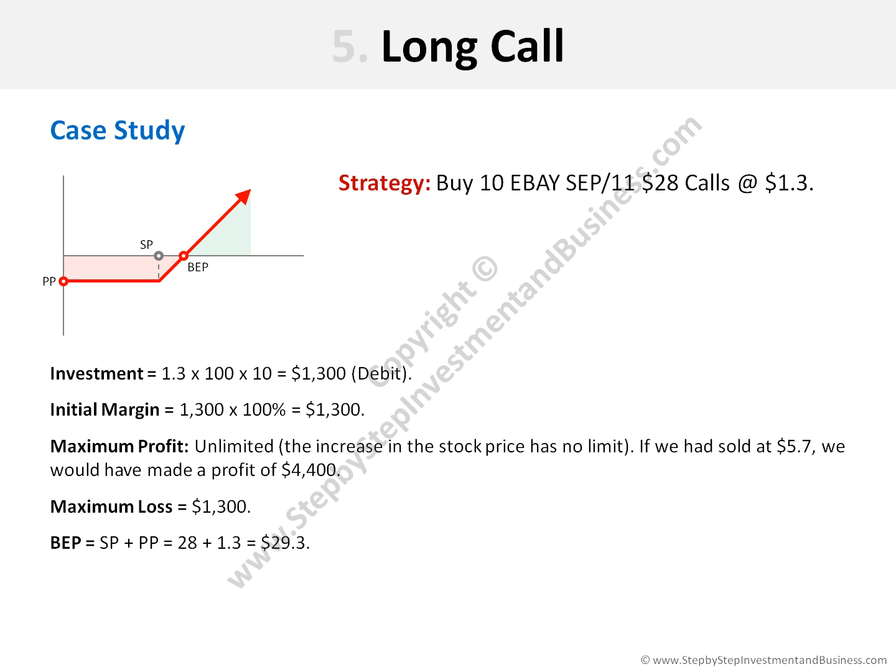On the other hand, the maximum loss that we are exposed to is equal to $1,300, that is, the entire premium paid for the options. The break-even point is equal to the strike price plus the premium paid. In our case, 28 plus 1.3, which is equal to $29.3.